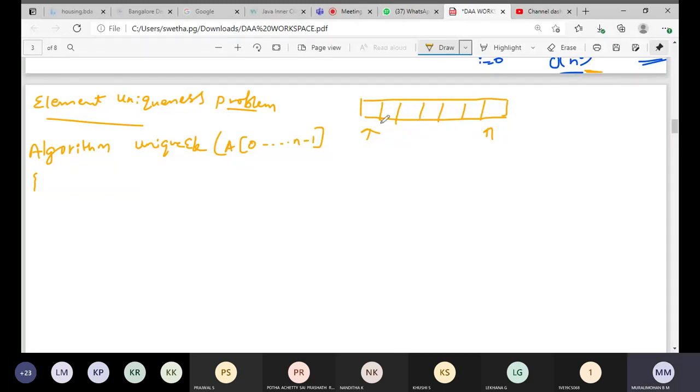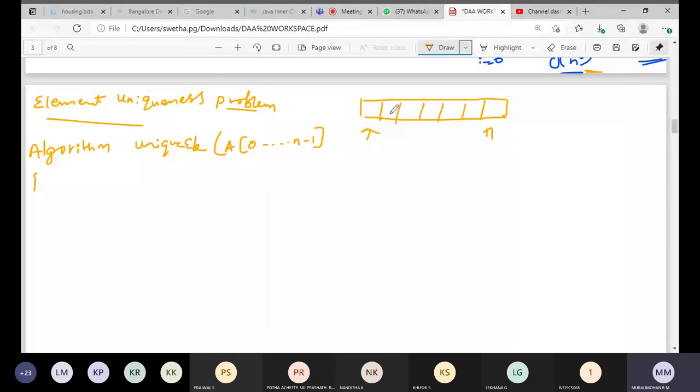Now what should we do? We should iterate through the array.